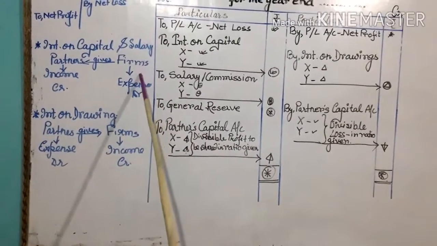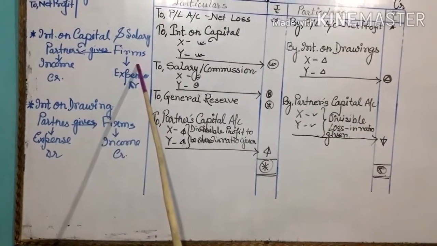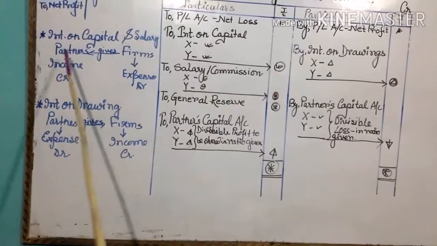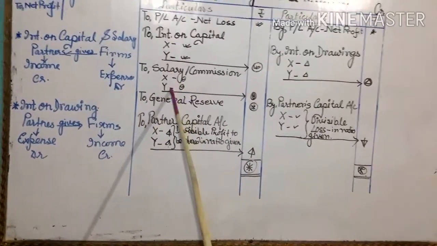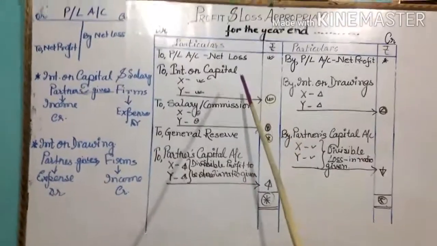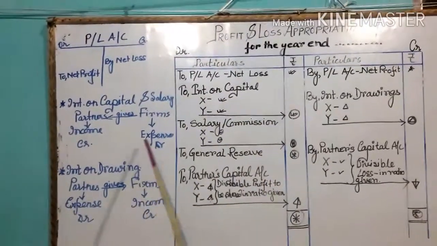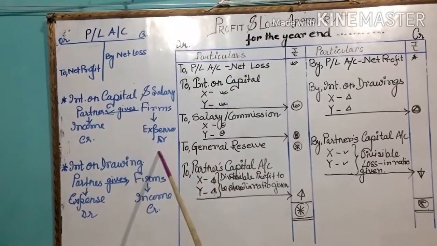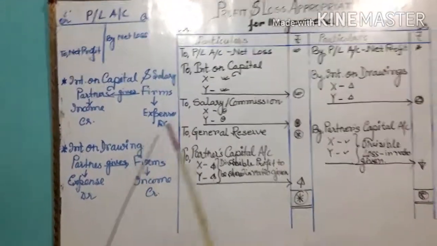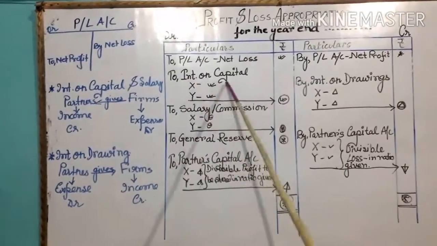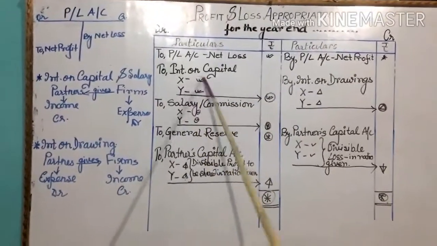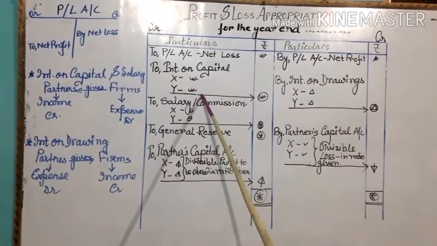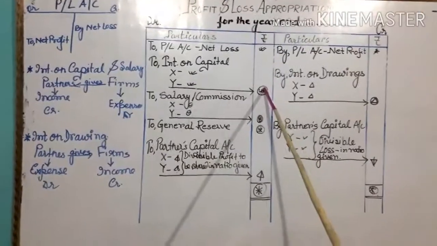Now in this case, when the firm is giving it to the partners, it becomes an expense, so they are debited in the PL appropriation account. And that's why it is posted here as interest on capital. Say there are two partners, their amounts of interest, and in the outer column, the sum total.